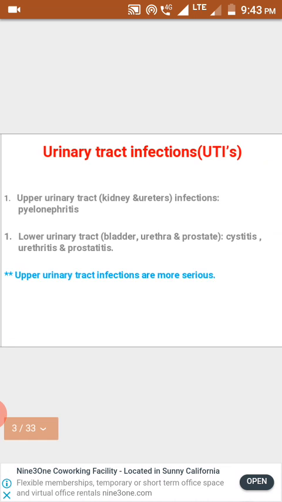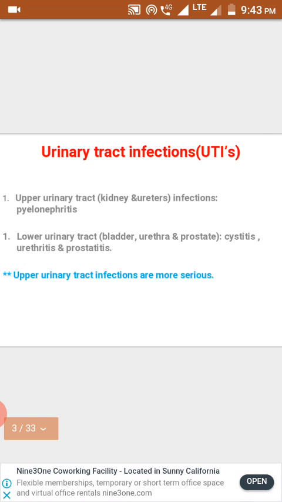So what is meant by urinary tract infections? Generally, the urinary tract can be affected by many microorganisms, and this is called a urinary tract infection.